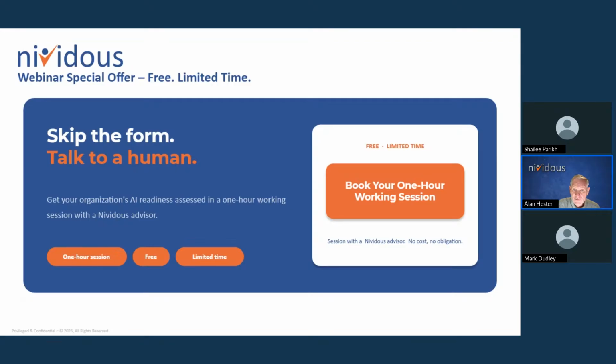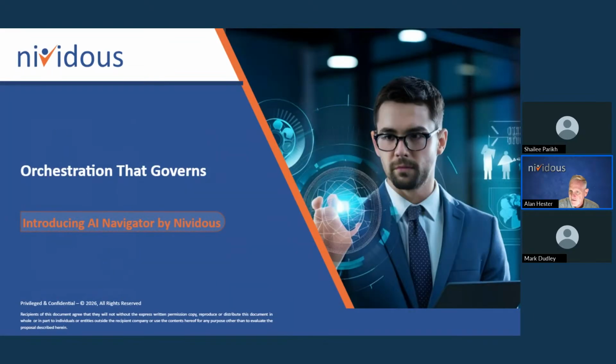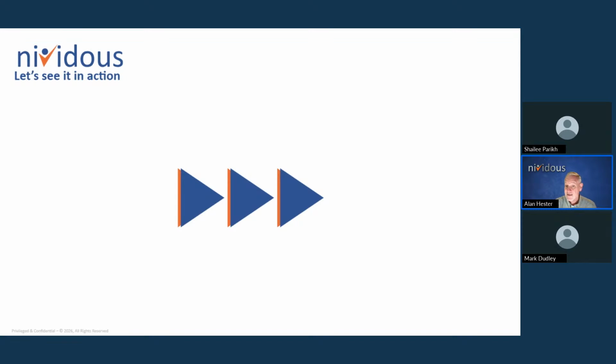Let me see if any of these pages have the URL. No, they do not. All right, so what we will do is, Alan, we will provide you the link in a follow-up email so that you know how to get there. You're all smart people. I'm sure you can figure out how to get there.